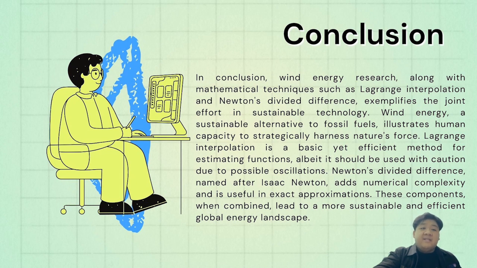Lagrange interpolation is a basic yet efficient method for estimating a function, but it should be used with caution due to possible oscillations. Newton divided difference, named after Isaac Newton, adds numerical complexity and is useful in exact approximations. These components, when combined, lead to a more sustainable and efficient global energy landscape.